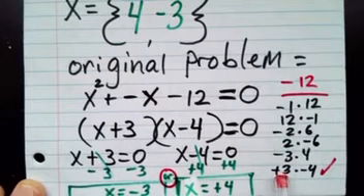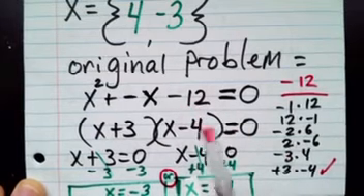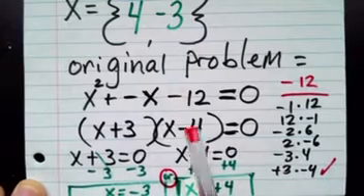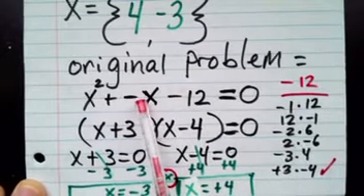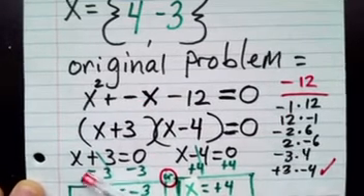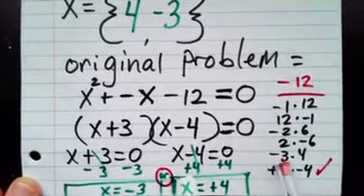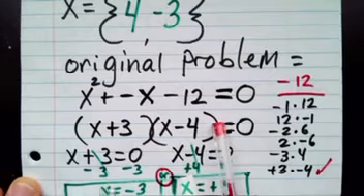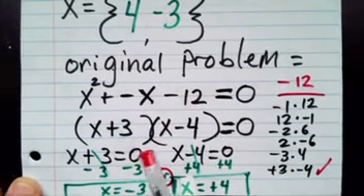A positive 3 times a negative 4 would multiply to negative 12, right? And if you add a positive 3 plus a negative 4, that would give you the negative 1 here. So with normal traditional factoring, you would have chosen positive 3 and negative 4 to use the reverse FOIL. So that's what we're doing here. I'm showing you the reverse FOIL.